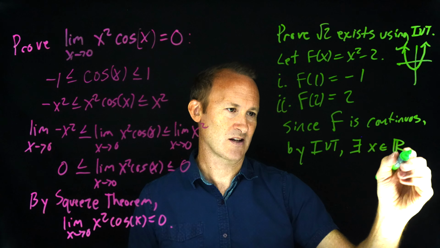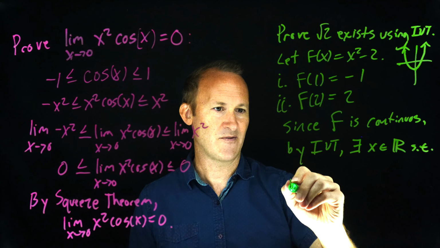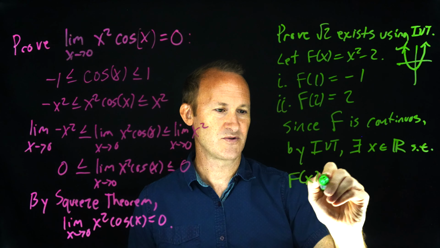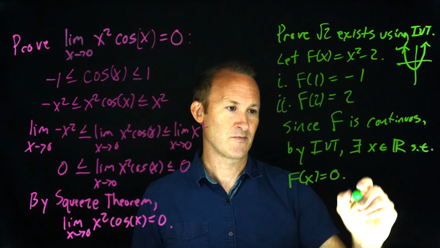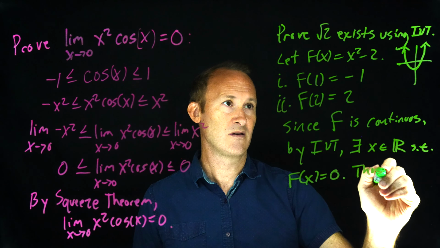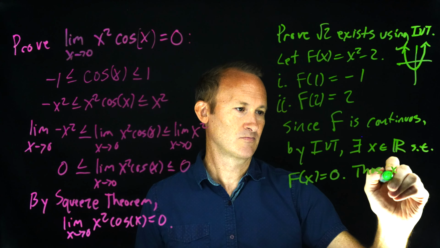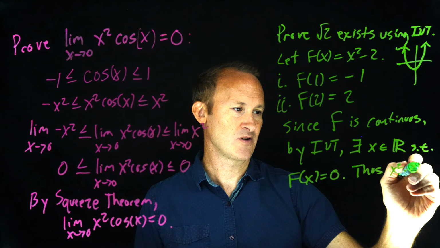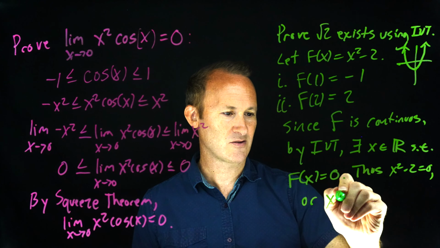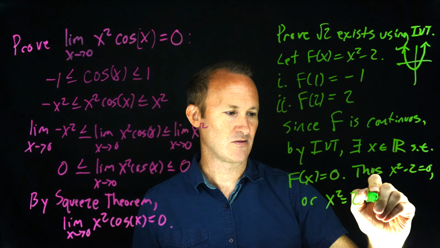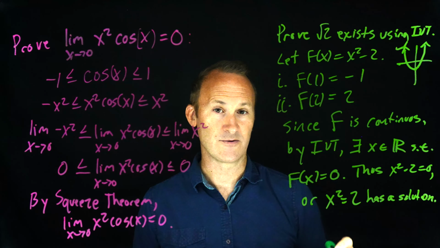So there exists an x in the real numbers such that f of x equals 0. And if f of x equals 0, you can put a little conclusion up here. Thus, x squared minus 2 equals 0, or x squared equals 2 as a solution. That proves that root 2 exists.